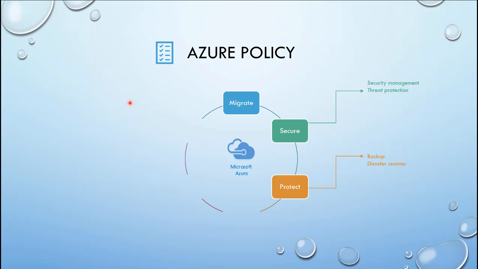These are services that keep applications and data available. It helps with business continuity. This is where your backup is sitting. This is where your disaster recovery is sitting. And as I said, throughout these areas we're trying to locate where your Azure Policy is located. So the next area is monitor.